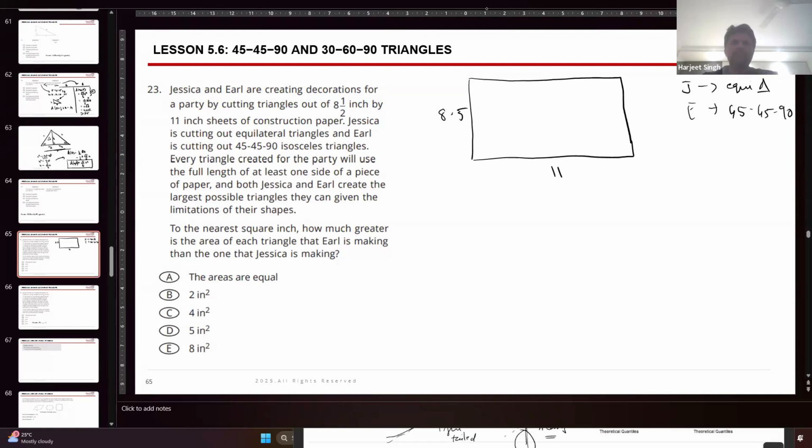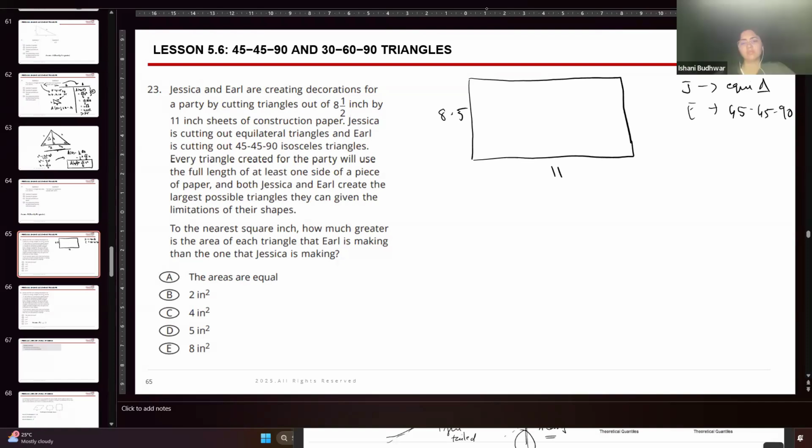Now, every triangle created will use full length of the paper, at least one side of each piece of paper. And both are trying to create largest possible triangles that can be done in this space. So it means Jessica will try to create an equilateral from here, and on another sheet of paper, Earl will try to create an isosceles right angle triangle.